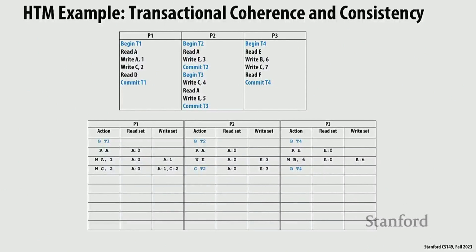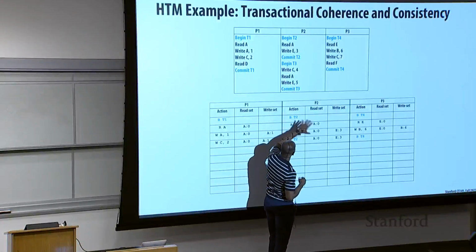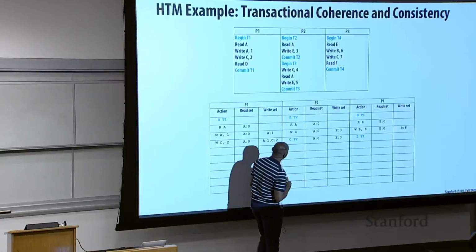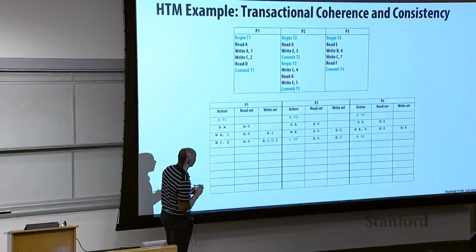So what actions, what's the read set on P1, the write set on P1, and the actions and read and write sets on the other processes, right? It's partially filled in here.